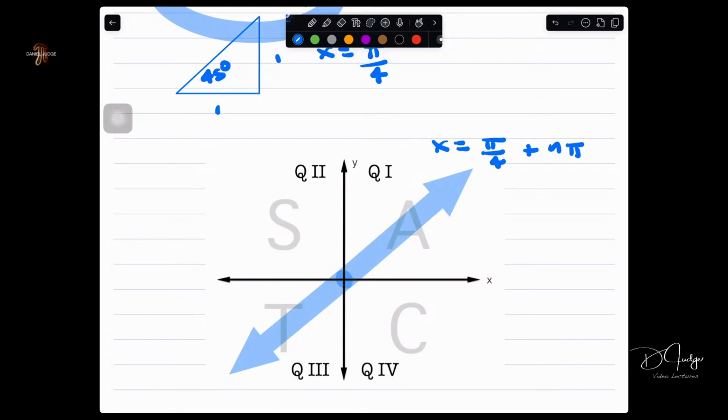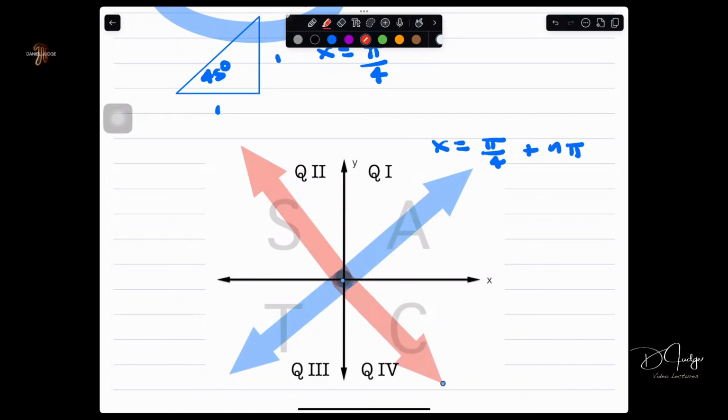So we'll have x plus n pi, generally speaking. Now, where is tangent negative 1? Well, it's going to be over here in quadrant 2 and quadrant 4.